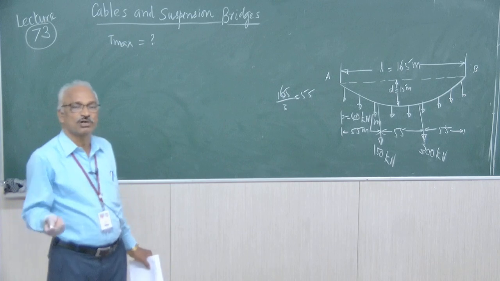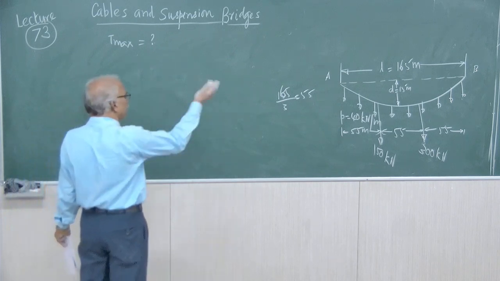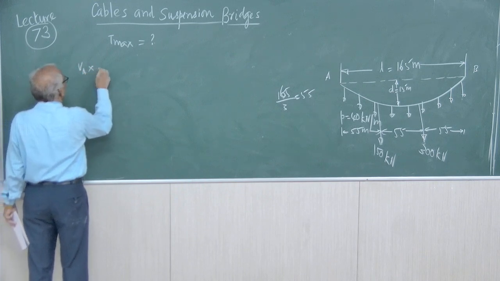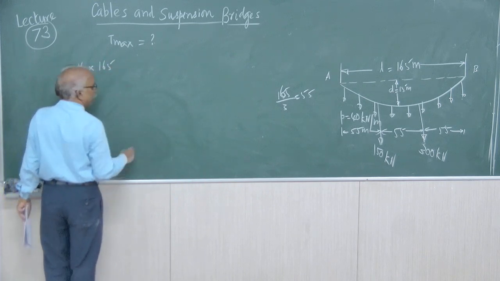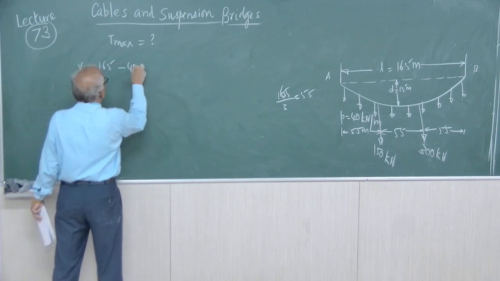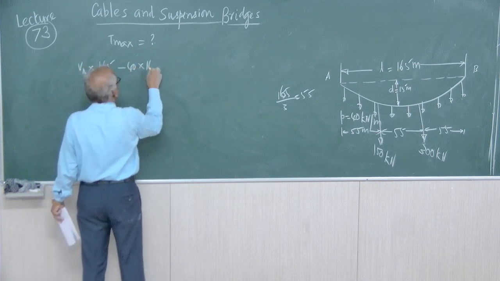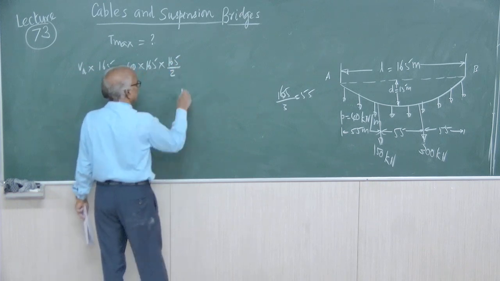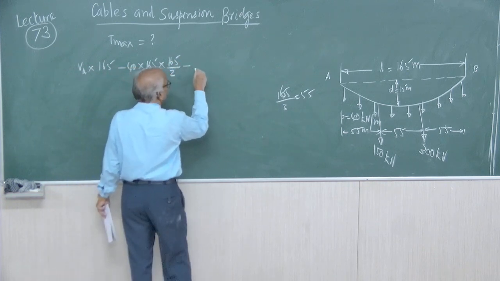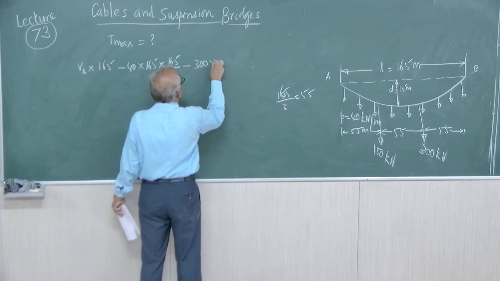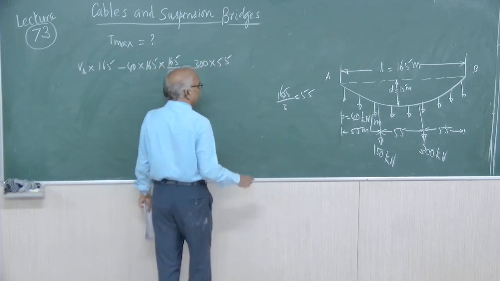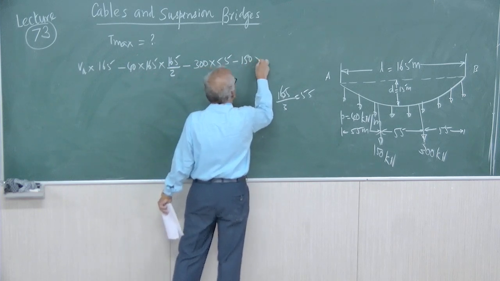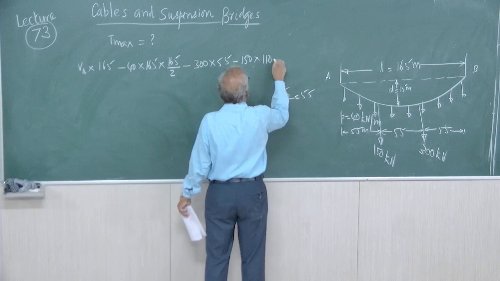So here there are two concentrated loads. Therefore, by taking moments about B, we can find out VA. So VA into 165 minus UDL 40 into 165 into 165 by 2 minus, there are 2 point loads. One load is 300, which is 55 from B, minus 150 into 110 equals 0.